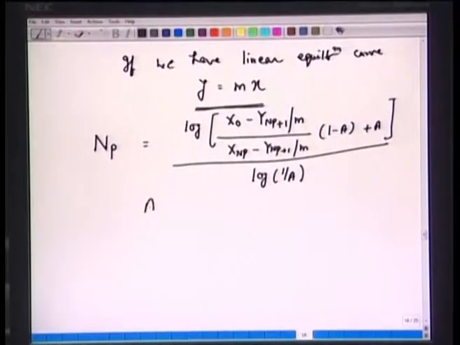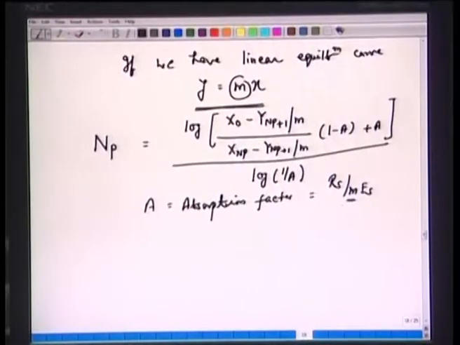This A is called the absorption factor, and it is given as Rs over m Es. So, m is the slope of the curve; we are assuming it is linear, a constant over the range we are considering. When we write down this expression, we make a note that A does not equal 1.